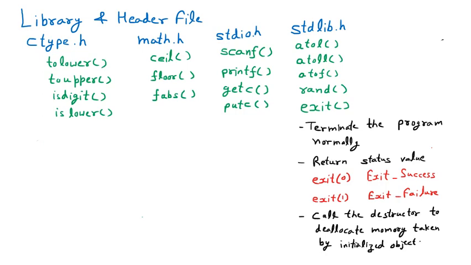Now let us suppose that in your program you have taken some objects. Objects may be anything. Let us suppose there are some variables and some function values you have used, all of which we are considering as objects. They are taking values in the memory. Once you call the exit function, the destructor is called. Destructor means destroying all the memory that you have taken. So the destructor removes everything, all the memory and all the temporary files which you have taken.